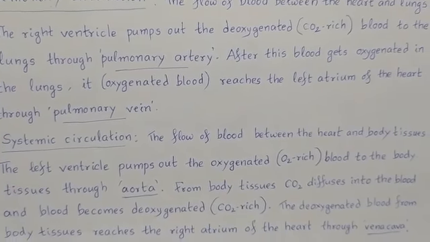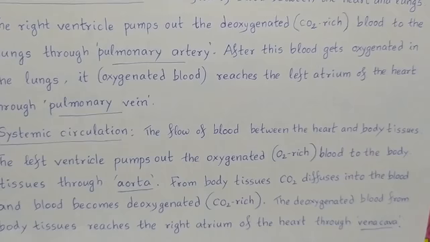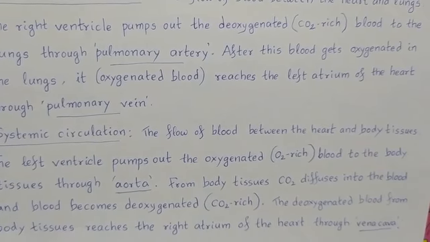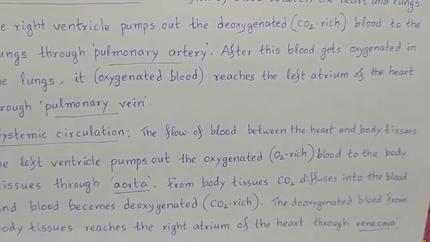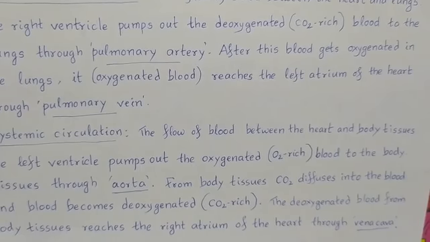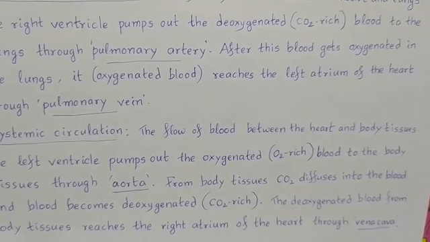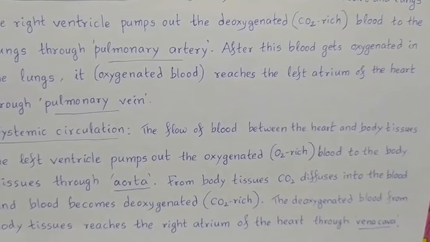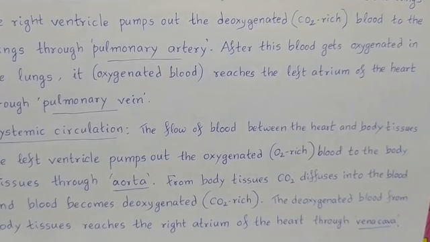So the flow of blood between the heart and body tissues is known as systemic circulation. From heart to the body tissues, left ventricle is pumping out the blood. Through what? Through aorta. From body tissues to the heart, which blood vessel is bringing back the blood?